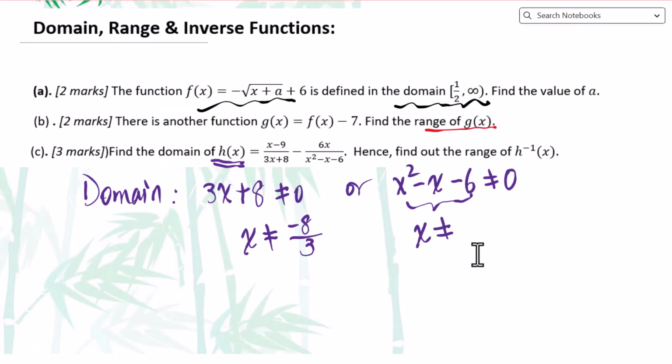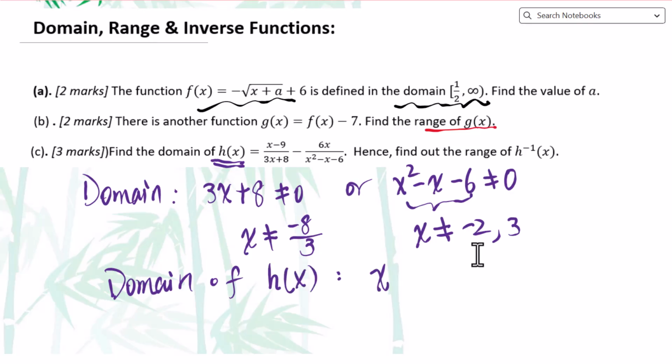X is not equal to negative 2. X is not equal to 3. Then we combine this together. The domain of h of x is x is not equal to negative 8 over 3, negative 2, and 3.